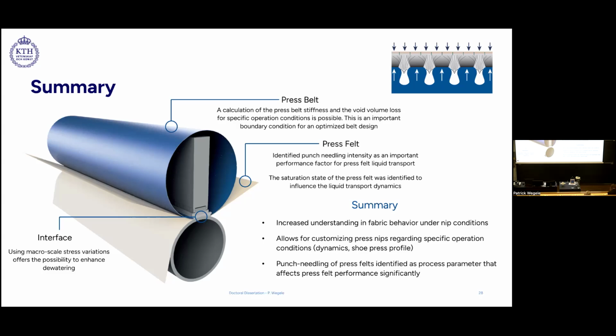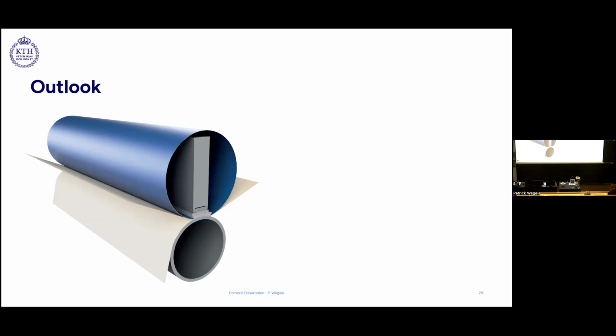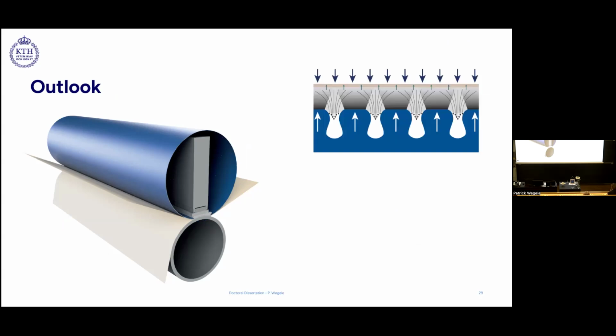Finally, we also identified the punch needling process as an important process that modifies the liquid transport properties in porous media. Besides that, I want to give a quick outlook and highlight one particular thing.